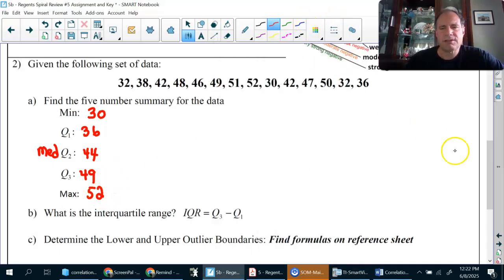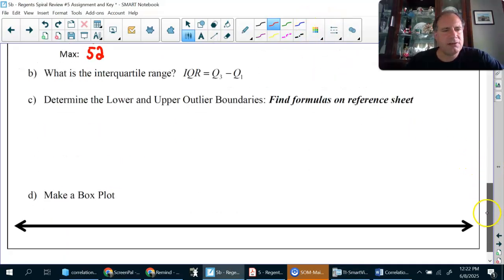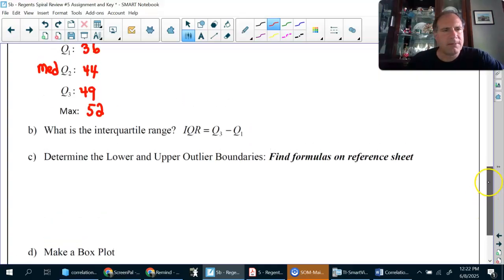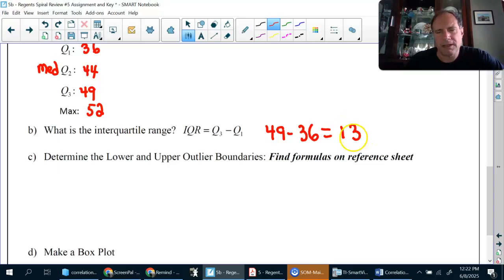Now it's asking, what is the interquartile range? The interquartile range is Q3 minus Q1. So it's right there. So Q3 equals 49. Q1 equals 36. So the interquartile range is 13.